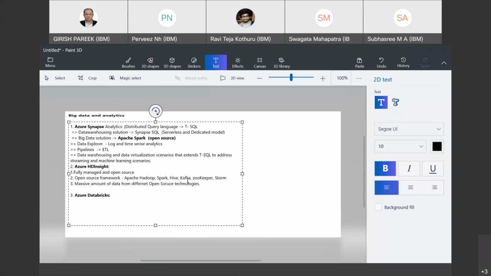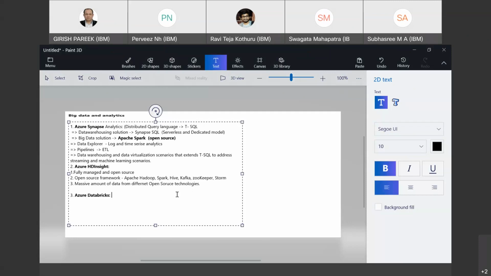So Azure Databricks is basically a solution which helps you bring insight from all your data and build artificial intelligence solutions. If your objective is to bring insight from all your different data and build AI solutions, then the solution would be Databricks.